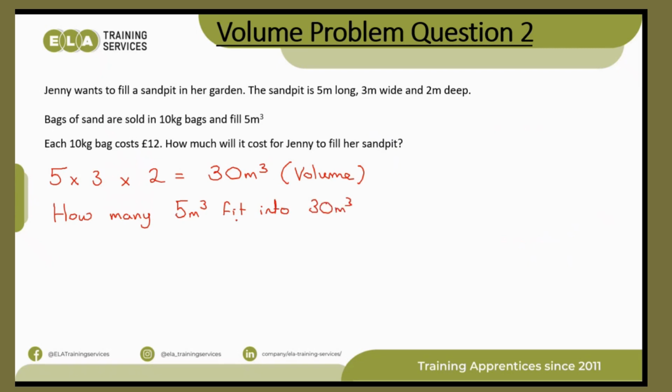So how many 5s are in 30? It would be 6. So we'd need 6 bags. Each 10-kilogram bag costs £12. So now to work out the cost, it would be 6 times 12, which would be £72. And that is our answer.